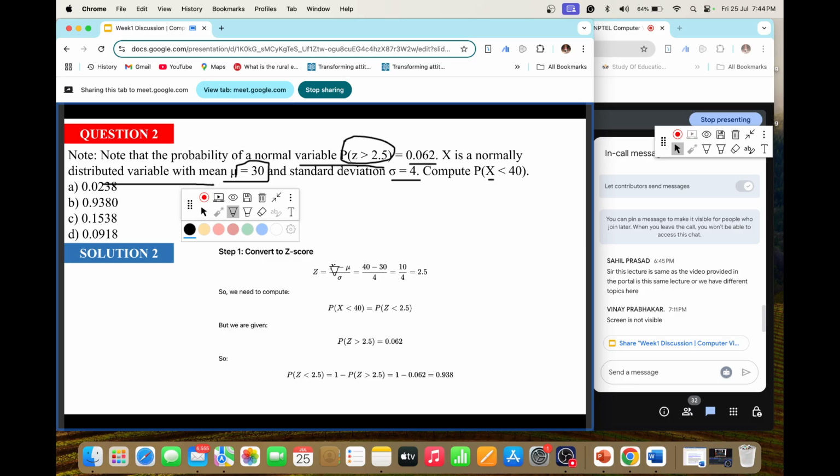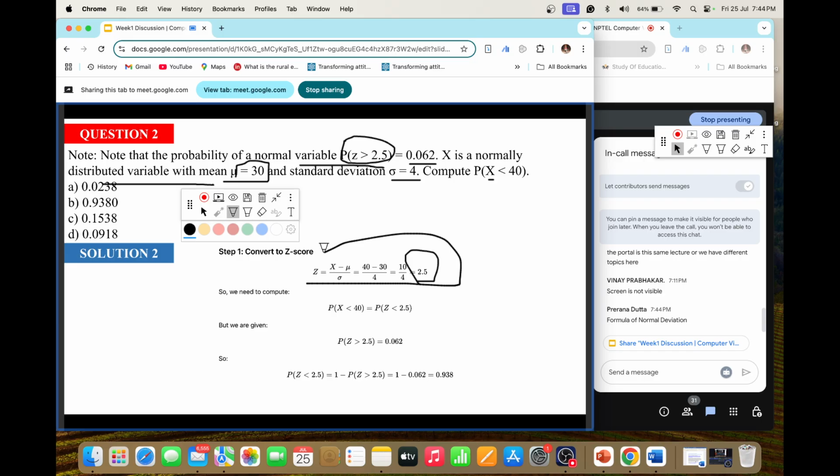Z score equals x minus mu divided by sigma. If your x is 40, then 40 minus mu, the mean, 40 minus 30 is 10, divided by the standard deviation 4. So 10 divided by 4 is 2.5.